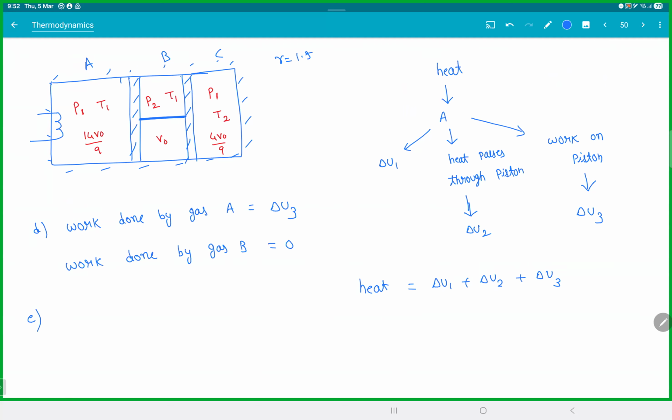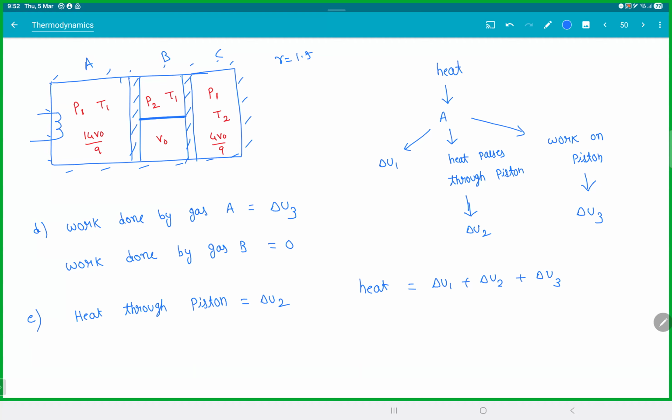What else you want? Heat flowing through the piston? So whatever heat that went through the piston must be change in internal energy. Delta U2. There, you got everything. Please check. So that is your main idea there. You need to understand how the heat flow is going on. Once you got that, everything falls in place. It's a pretty good question.